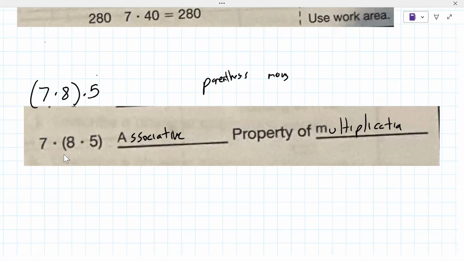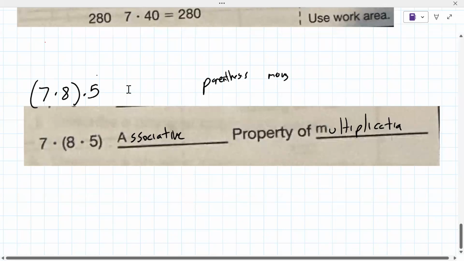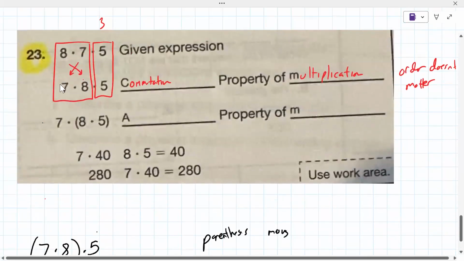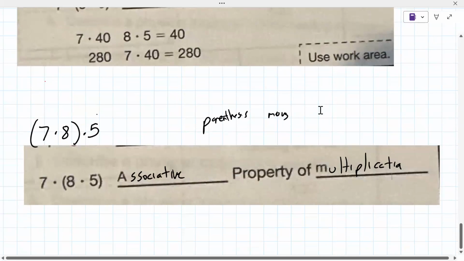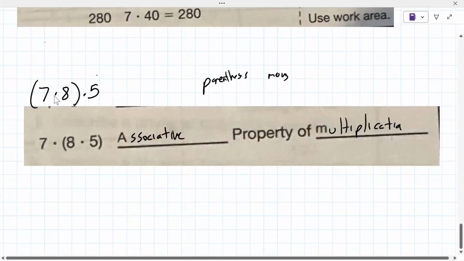Okay, now, how do you remember stuff that's important? What do you do to remember things? Do you write them down? Do you make flashcards? Do you make a Quizlet? What did you say? I'm asking because you have to somehow memorize that the commutative property of multiplication is where the order doesn't matter. The associative property of multiplication is where the parentheses are moving around.